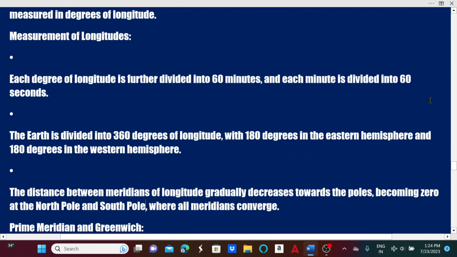Okay, so in the middle it is 0, and then it starts with 1 degree, 2 degrees, till 180 degrees, where all meridians converge.